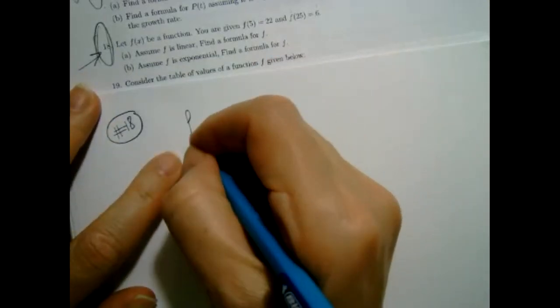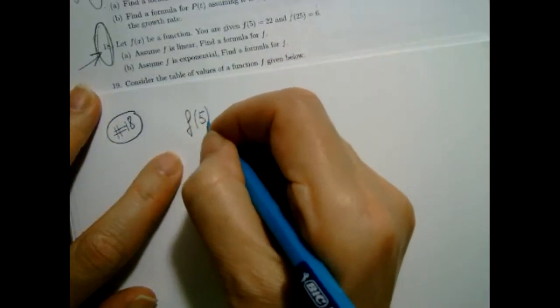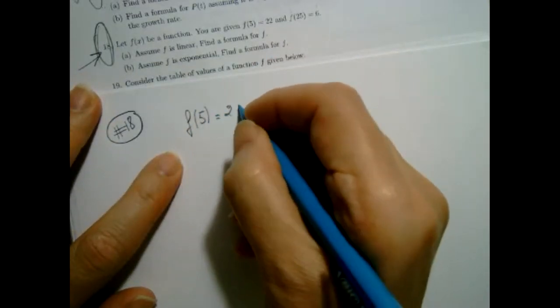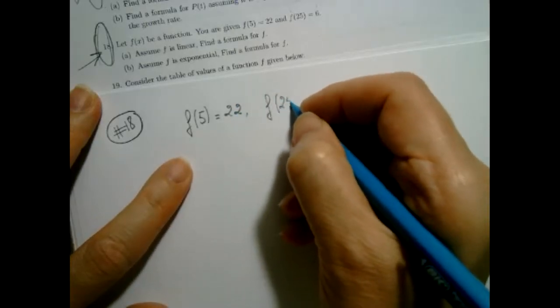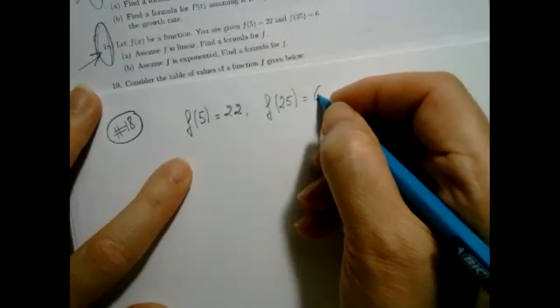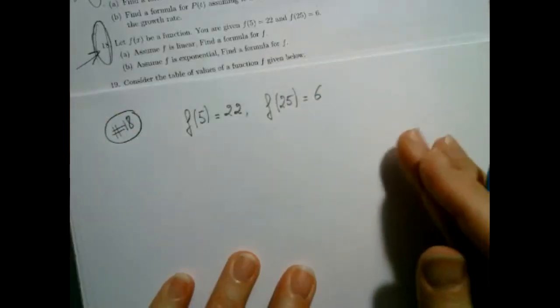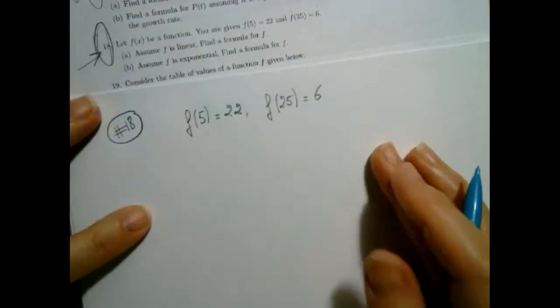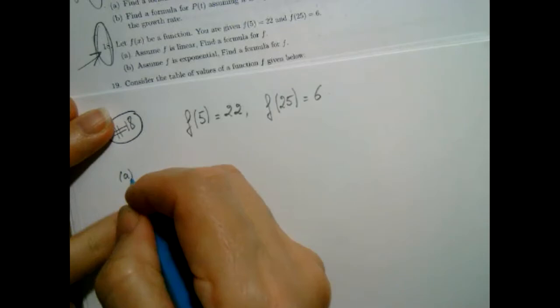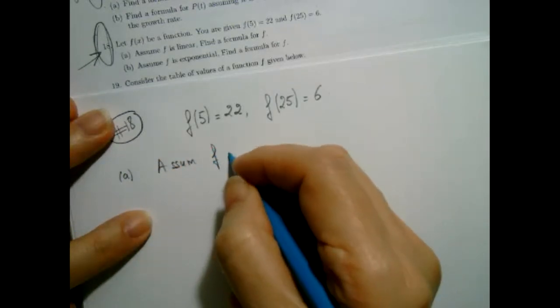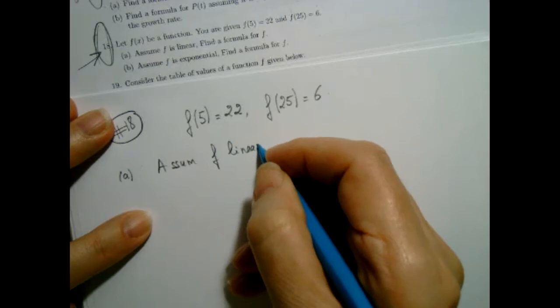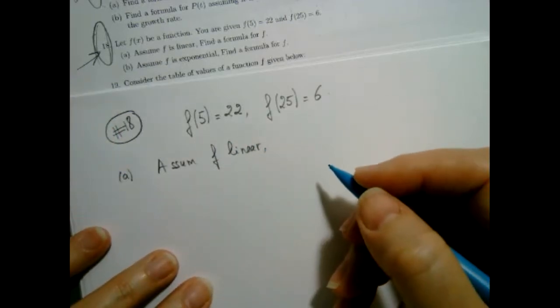And I'm giving you that if x is 5, f takes the value 22, and if x is 25, f takes the value 6. So I'm giving you 2 input values. Question A is, assume f is linear. Find a formula for f of x.